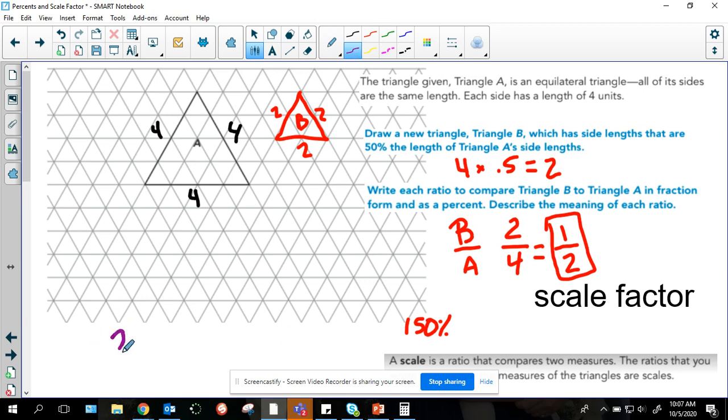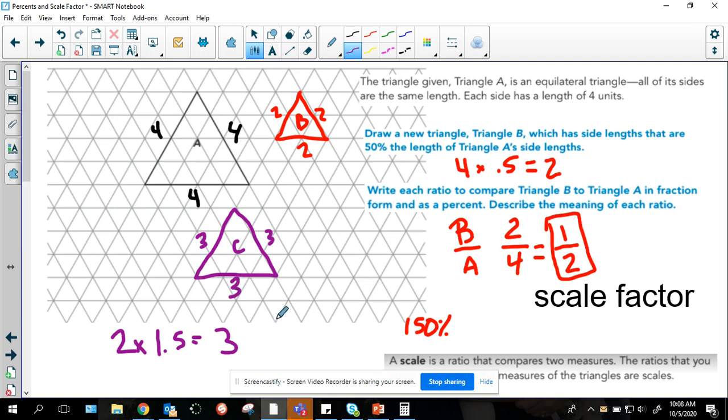So I'm going to say 2 times 150% as a decimal is 1.5, and figure out what that number is, and that will tell me how long each side needs to be. So 2 times 1.5 is 3. So I'm going to draw triangle C now. And here is C, and each side is 3.